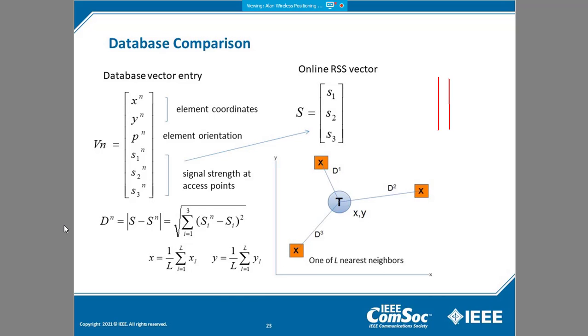The closest neighbors are those that have the lowest value of D.